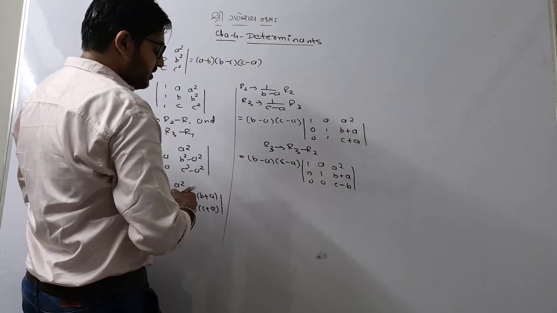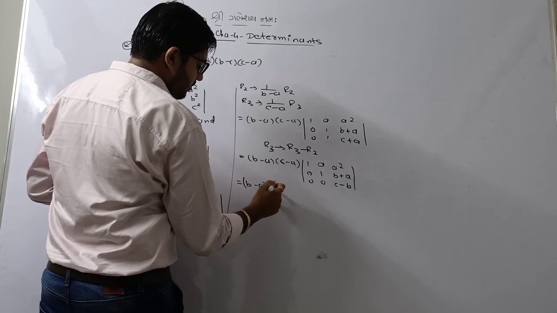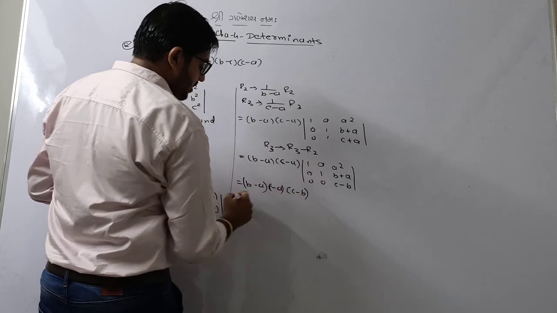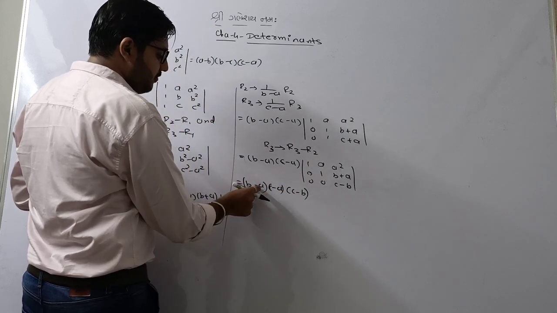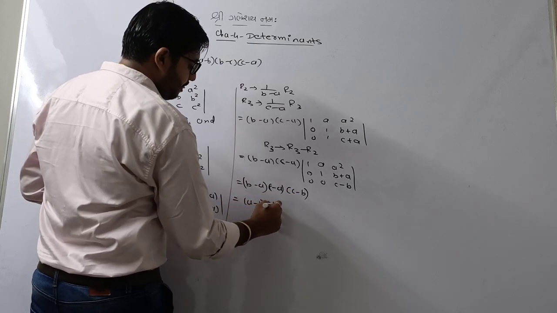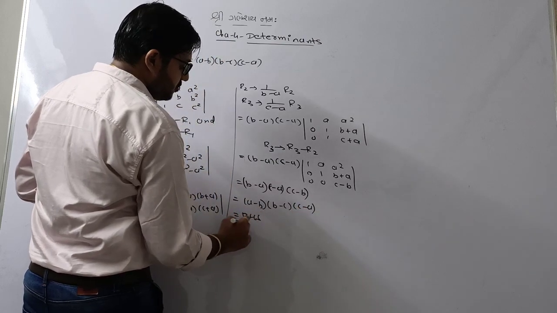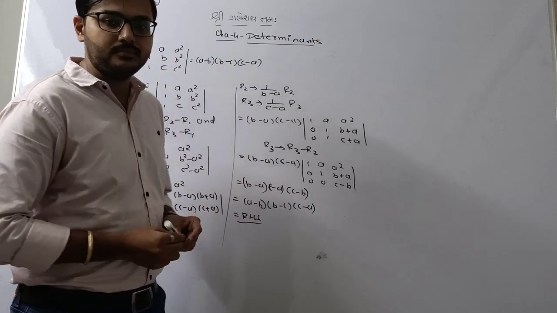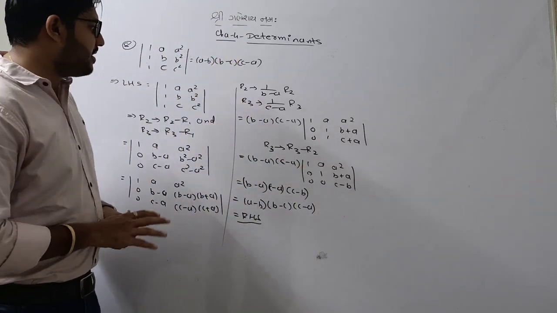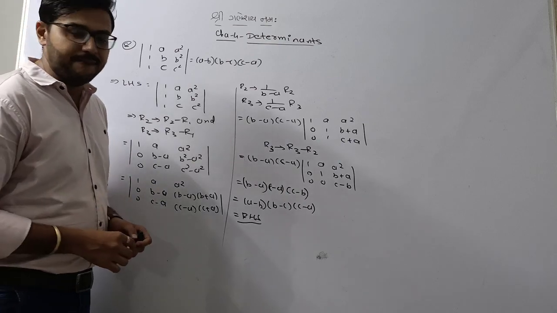So the direct answer will be 1 into 1 into c minus b. Now we can take minus common from the first term and this last term, and we get (a minus b)(b minus c)(c minus a), which is what we wanted to prove in the RHS. Okay, so hope you understand this. It's one of the fundamental questions. So 2-3 points we discussed that you need to keep in your mind.